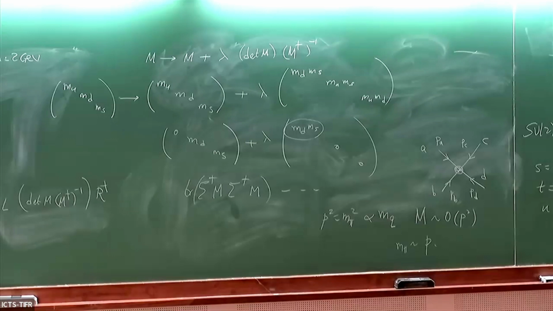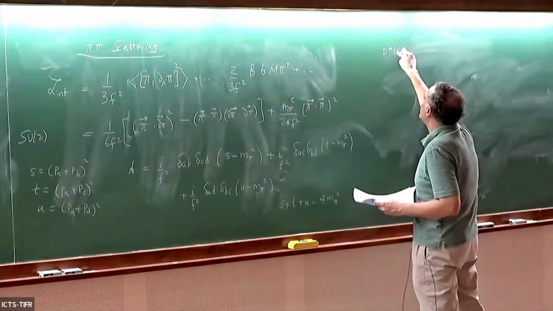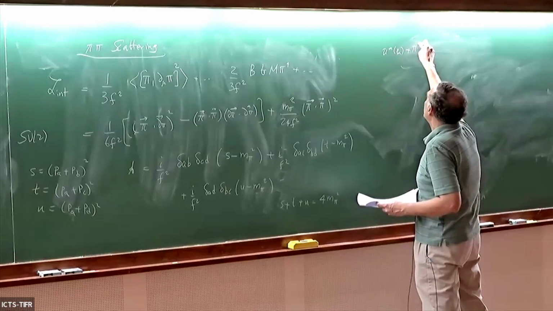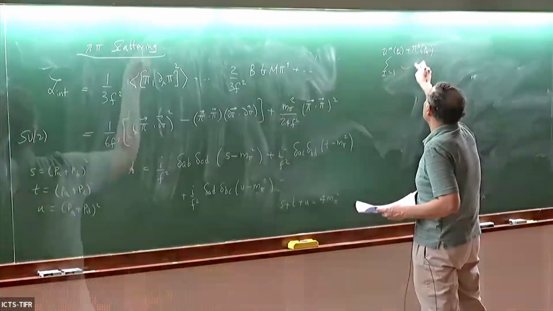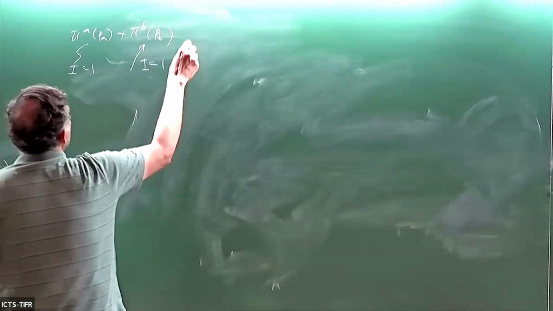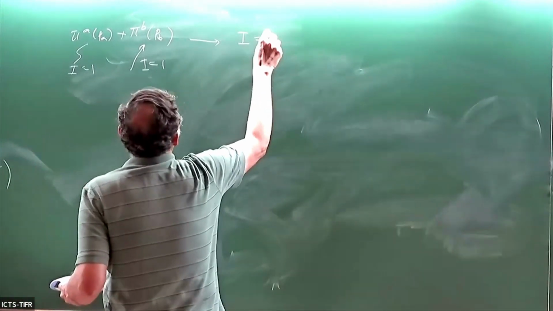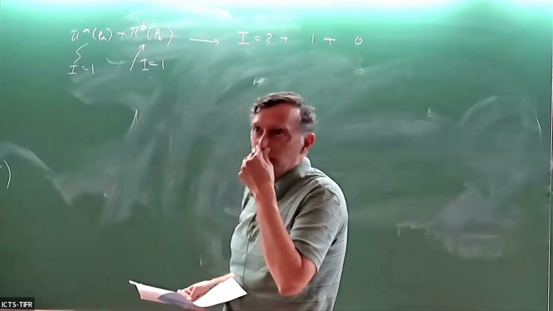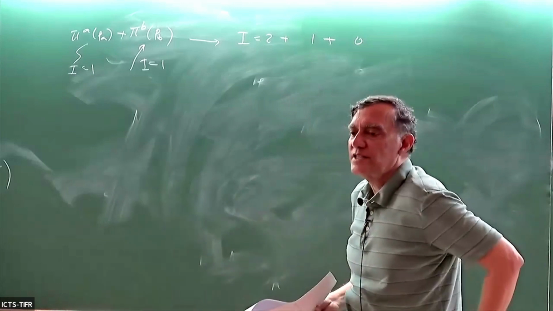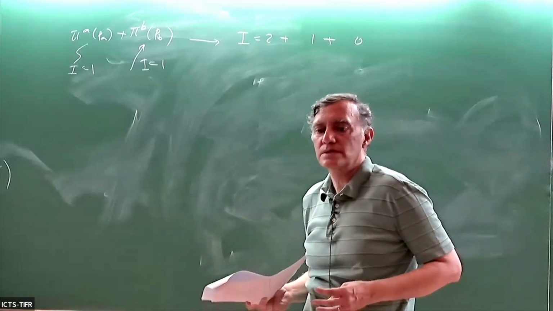Okay, so now we can work out the scattering amplitudes in the different isospin channels. So we have pi A of momentum pA plus pi B of momentum pB coming in. This is an isospin 1 particle, that's an isospin 1 particle, so you get isospin 2 plus 1 plus 0. Now what is the linear combination of pions which is isospin 0?